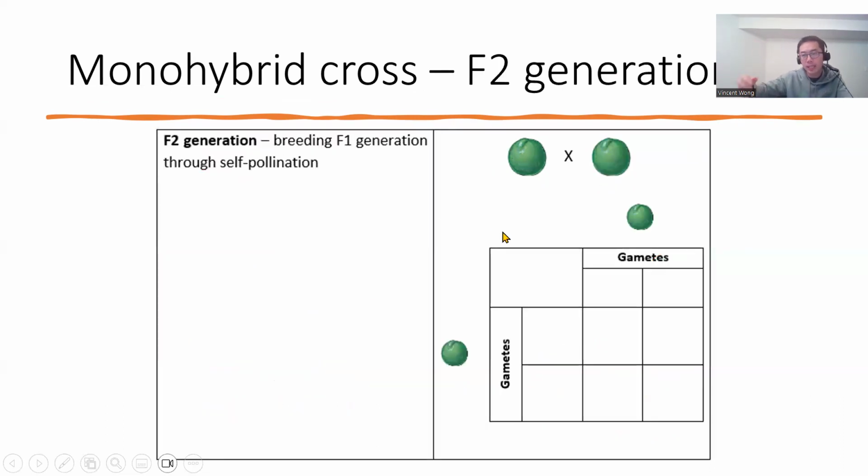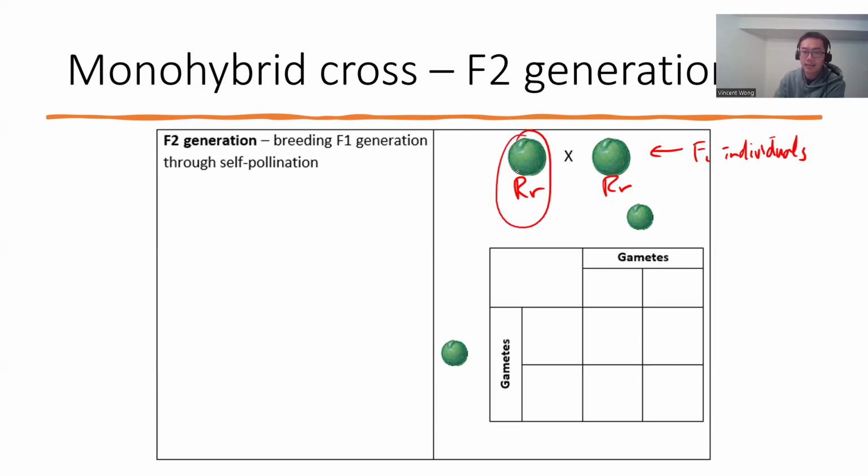So what if we take the F1 individuals and then we cross them again? So now follow to F2, right? So these are F1 individuals, and we knew that they were big R, small r. They all look the same. They all have the same genetic makeup.